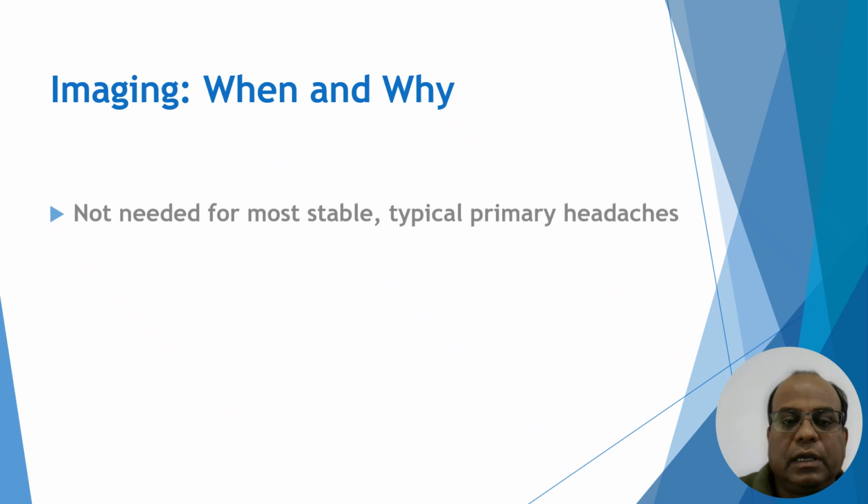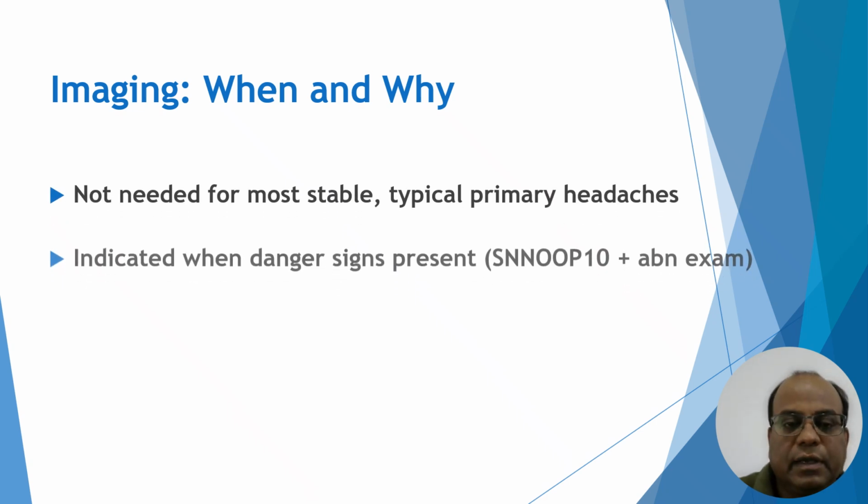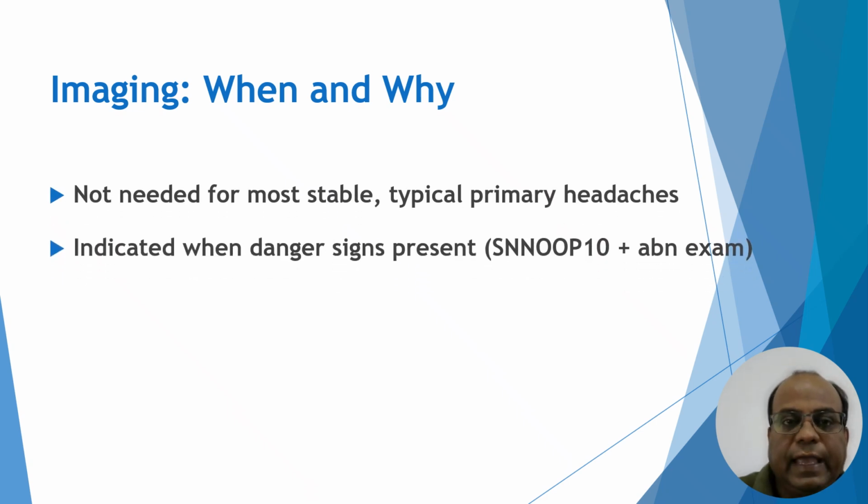But if you suspect any secondary causes, or if there are danger signs, as I mentioned, SNOOP10, or if you find any abnormal findings on examination, then you have to do the investigation.